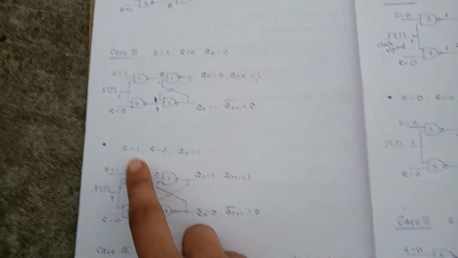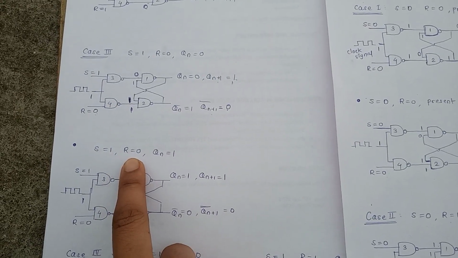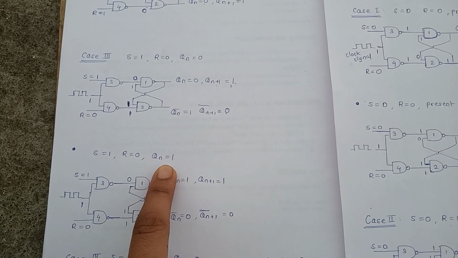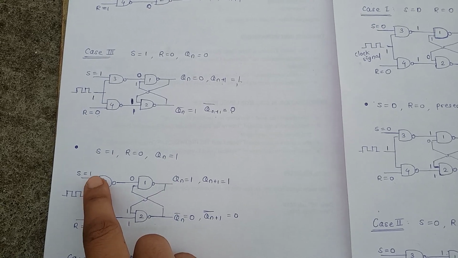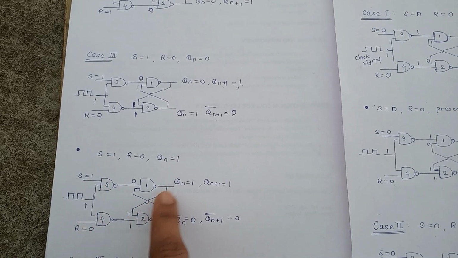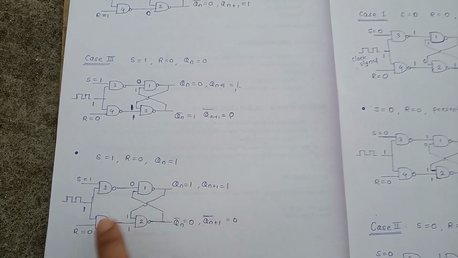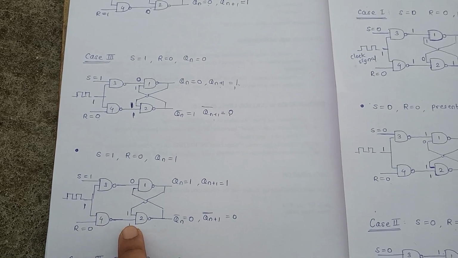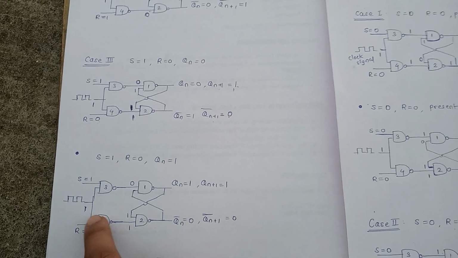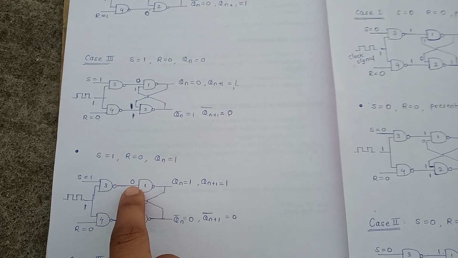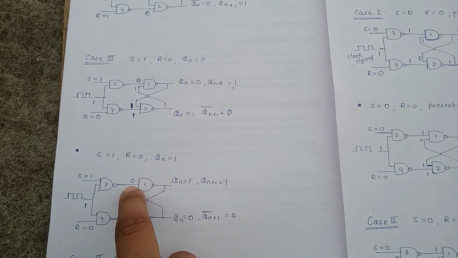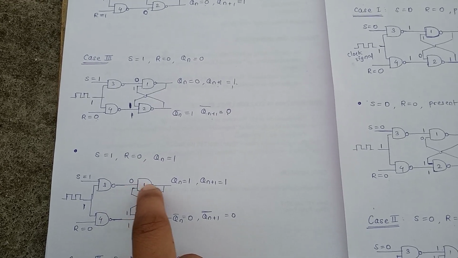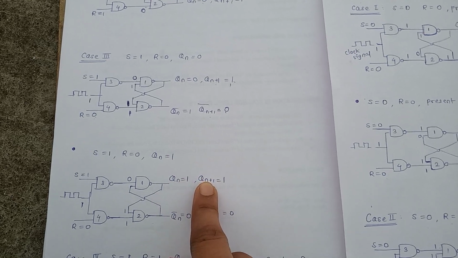Now next case, S equal to 1, R equal to 0, Qn equal to 1. Now 0 produces output 1 and 1 1 produces output 0. One input to the NAND gate is 0, so it produces output 1, that is nothing but next state Qn+1 equal to 1.